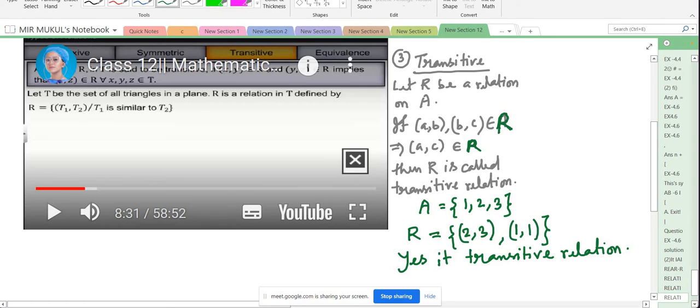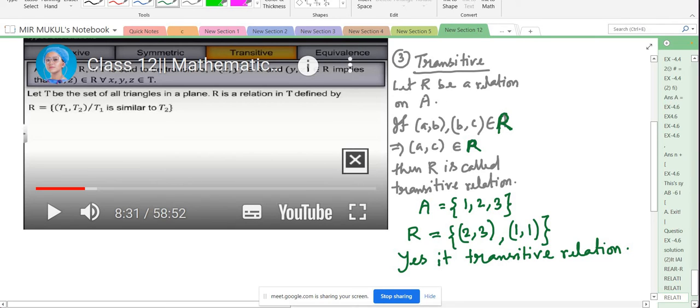So here I said in the definition, if (a, b) and (b, c) belong to R, then (a, c) should belong to R. And if (a, b), (b, c) type of pairs are not present, then contradiction will not come, whether (a, c) is present or not. Here we have (2, 3) and (1, 1). Here we are not getting any (a, b), (b, c) type of ordered pair.